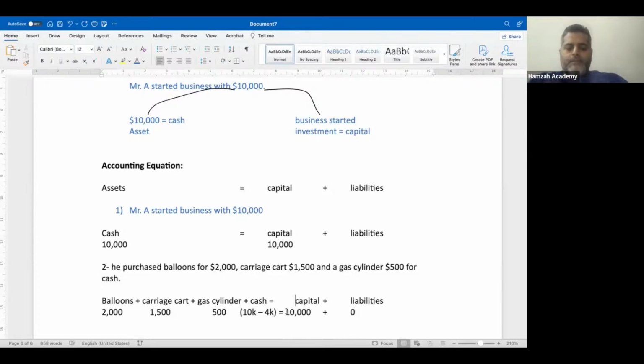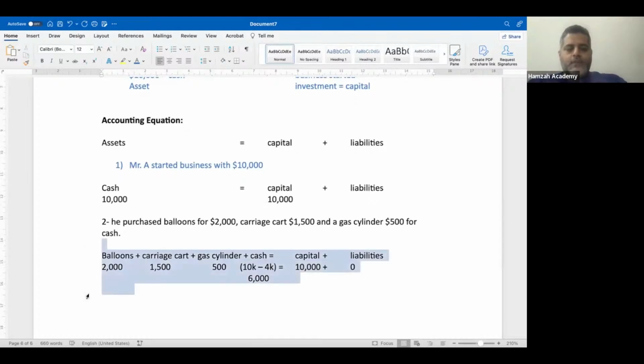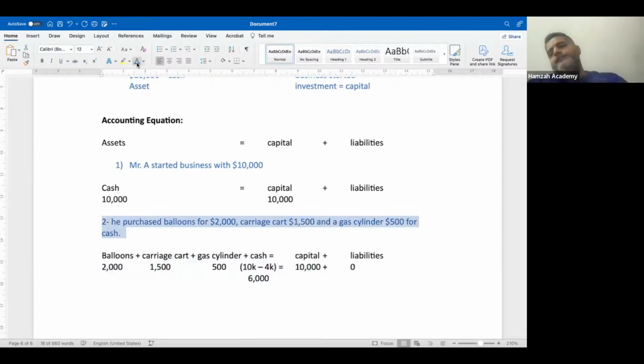So this is 6,000 remaining cash. 6,000 plus 500 is 6,500, 8,000, 9,500, 10,000. So 10,000 is equal to 10,000, right? Done. At the end of the day, after every transaction, the accounting equation will remain balanced.